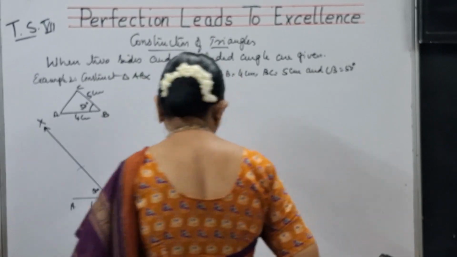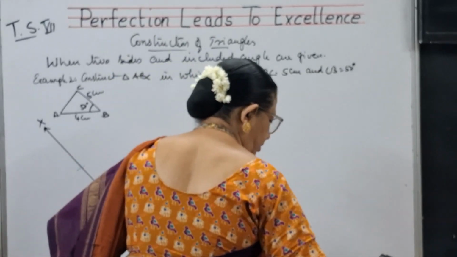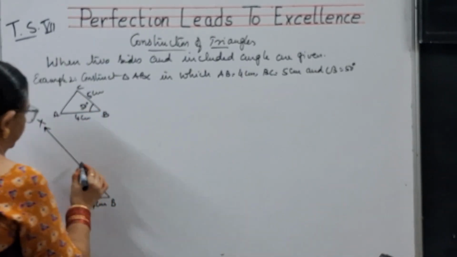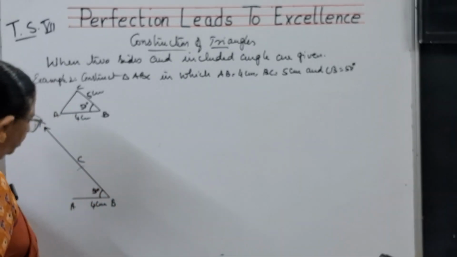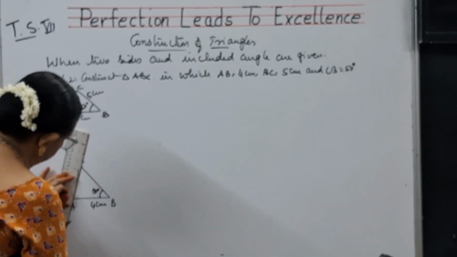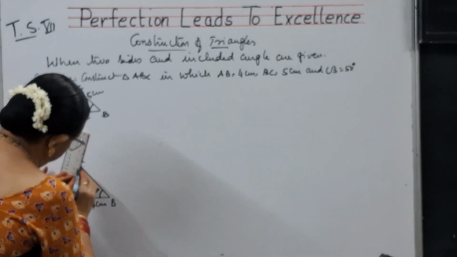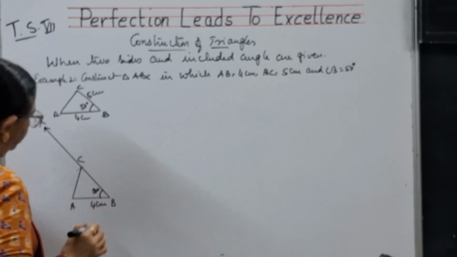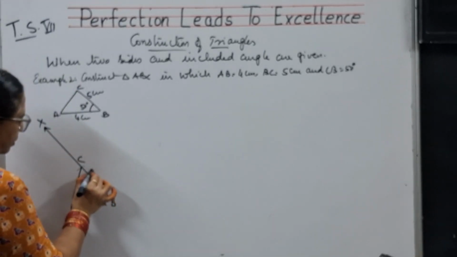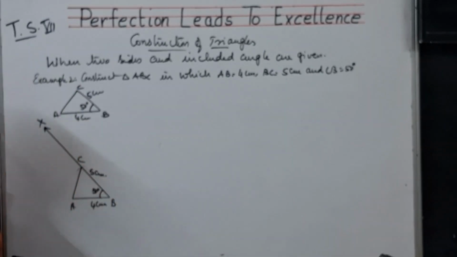That is the arc that you have got. That is point C. Now you have to join A and C. So this is 5 centimeters. This is the construction which you will be getting, children.